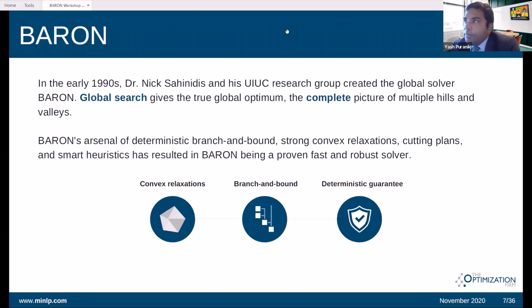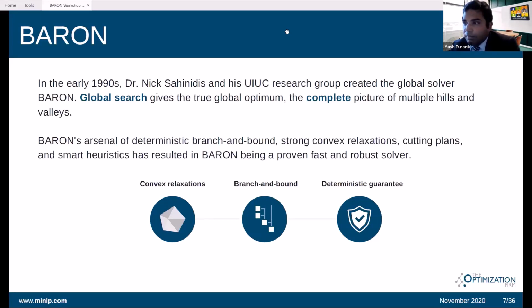I think where Barron really took off was that it was one of the first solvers that could do this efficiently. In fact, it was the first solver that could do this efficiently. If you go back to thinking about my example of optimization as rolling a ball down a hill, well, if you just roll multiple balls down the hill, I'm sure at some point you would find the global solution. And maybe in a way, that's what branch and bound does.